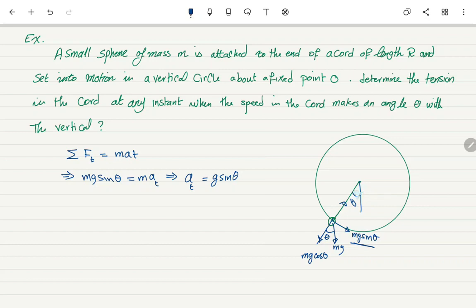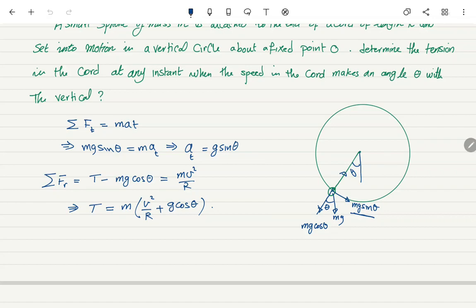The sum of all forces in the radial direction equals T minus mg cosine theta, which equals m v square over r. Therefore, the tension equals m times v square over r plus g cosine theta. That's it. Thank you for watching.